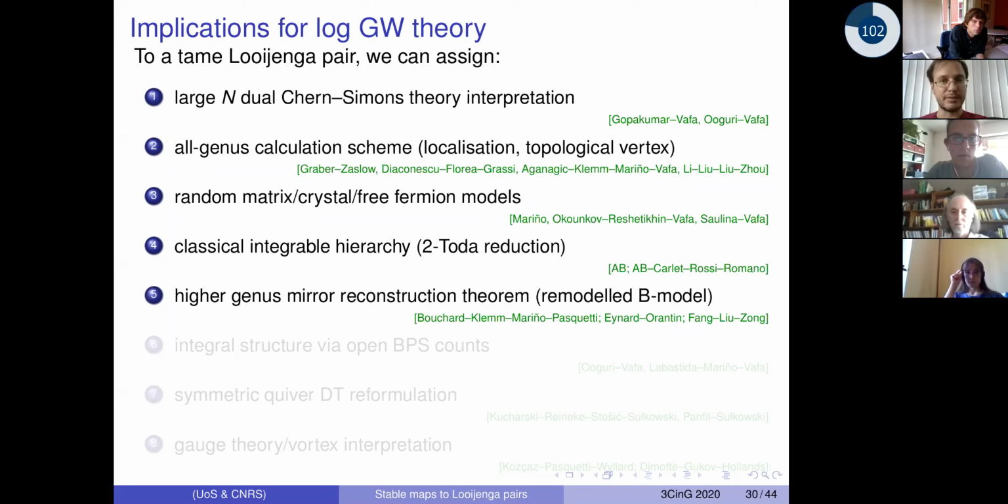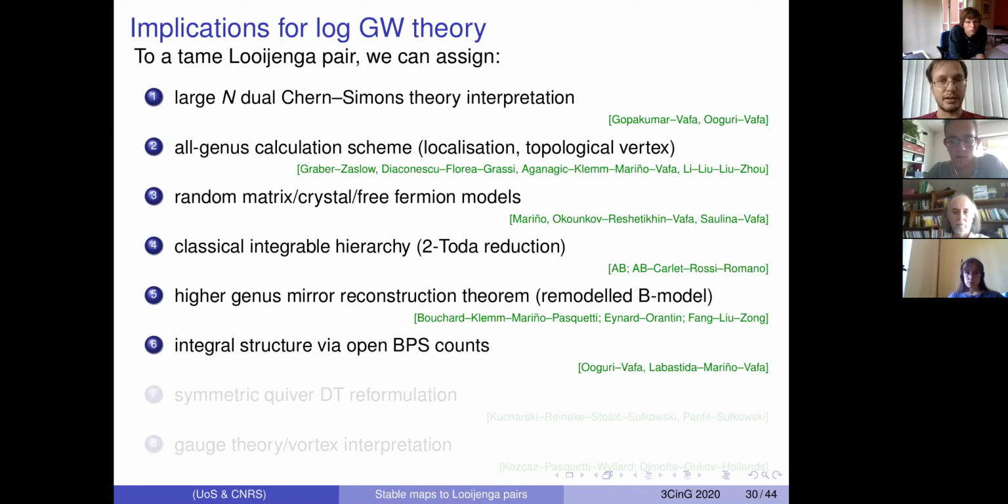And the usual mirror symmetry set of ideas can be generalized to higher genus by the topological recursion of Eynard-Orantin. And there is some fine integral structure underlying these invariants related to their interpretation in terms of open BPS counts, like M2 branes ending on M5 branes.